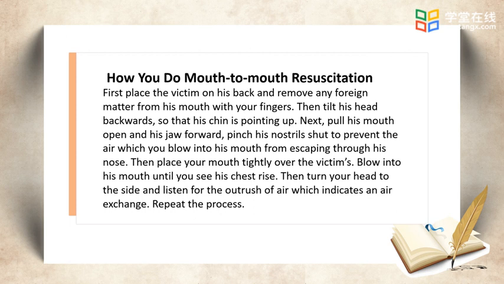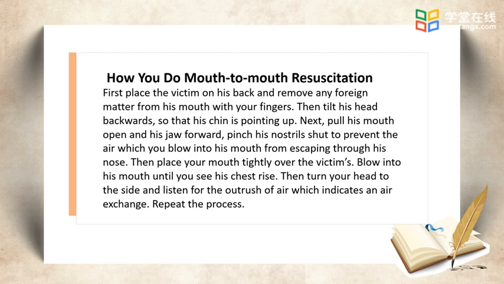Then, place your mouth tightly over the victim's. Blow into his mouth until you see his chest rise. Then turn your head to the side and listen for the outrush of air, which indicates an air exchange. Repeat the process.